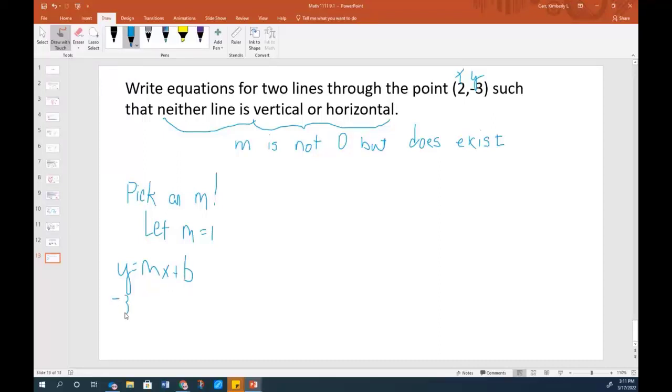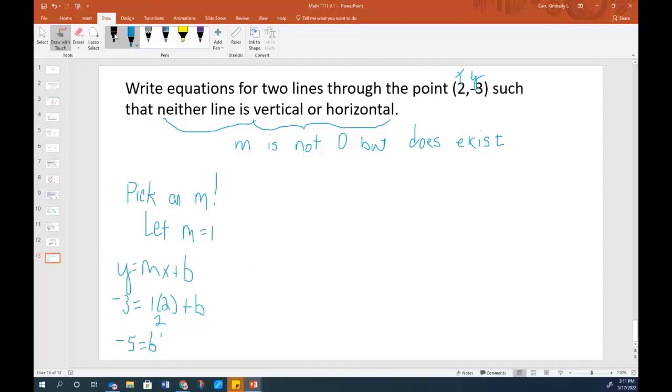then they gave me a y value. I got to pick the m value. They gave me an x value. 2 times 1 is 2. I can subtract 2 from both sides, and I get b is -5.